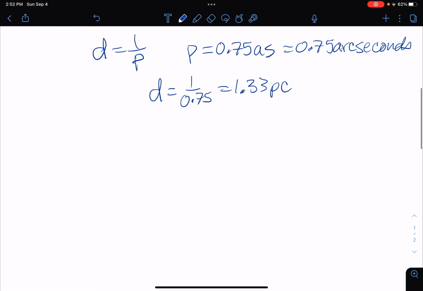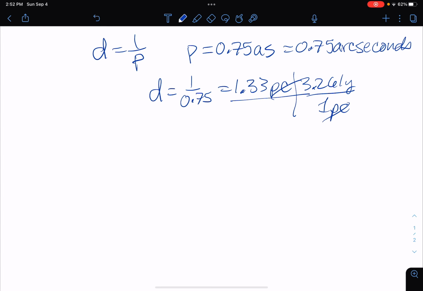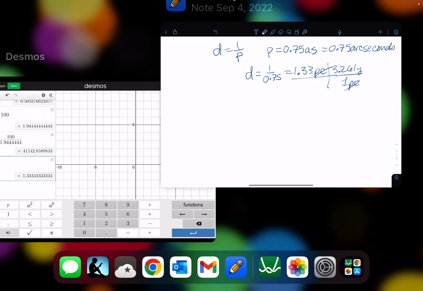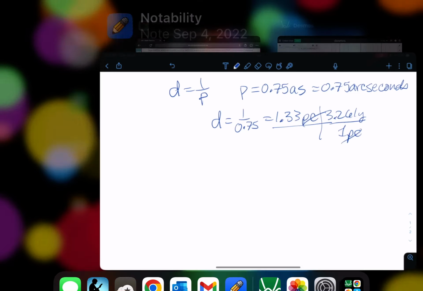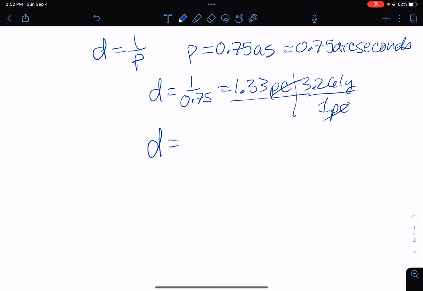The trouble is, though, we need to multiply that by the number of light years, 3.26 light years in 1 parsec, and then the parsecs cancel and we're left with light years. So 1.33 times 3.26 turns out to be 4.35 light years. So the distance of this particular star is 4.35 light years.